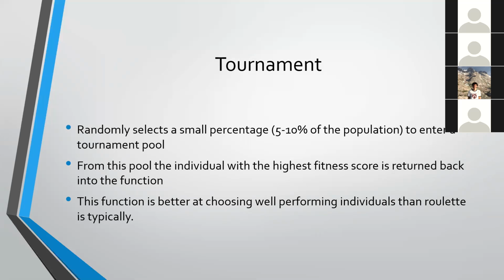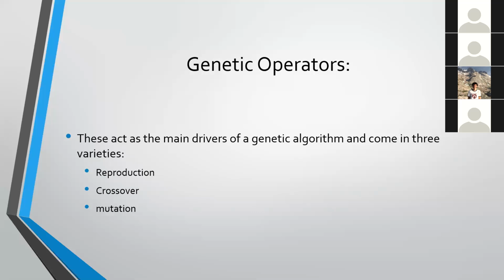Now, these selection methods are great and all, and you need them for pretty much everything in a genetic algorithm, but they don't actually do anything without the genetic operators. These are the meat to the bones that the selection methods are. And they come in 3 varieties: reproduction, crossover, and mutation. Each one of them gets used in every algorithm.